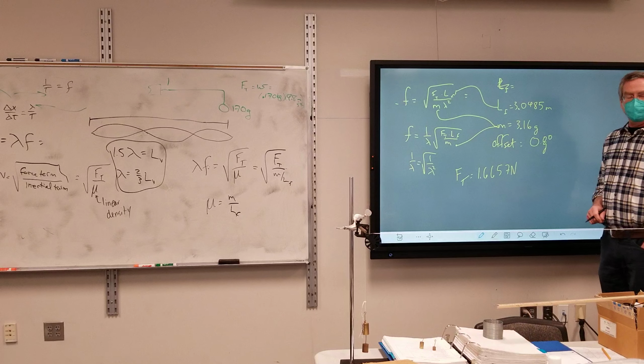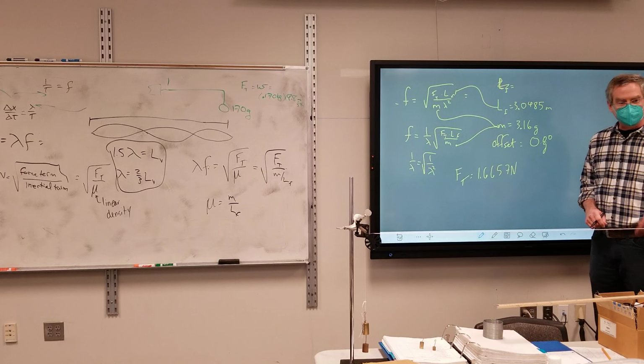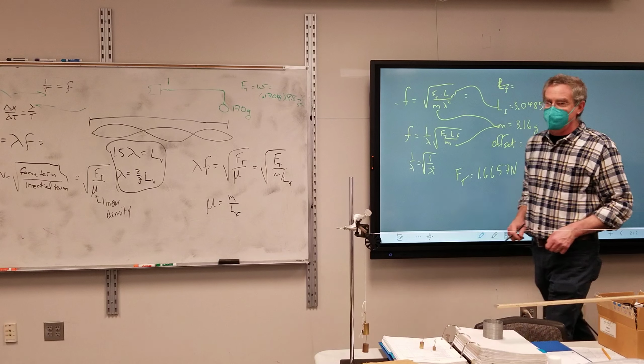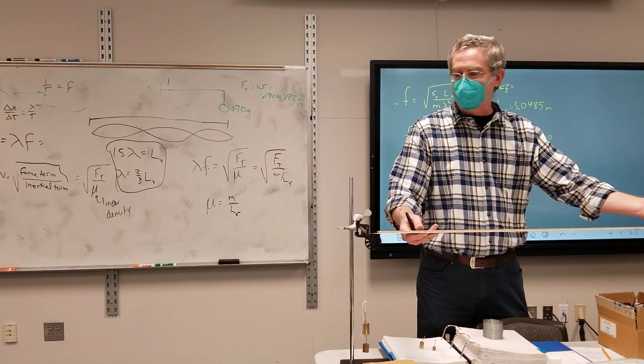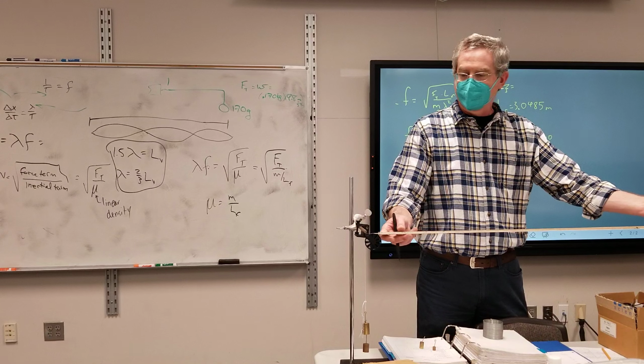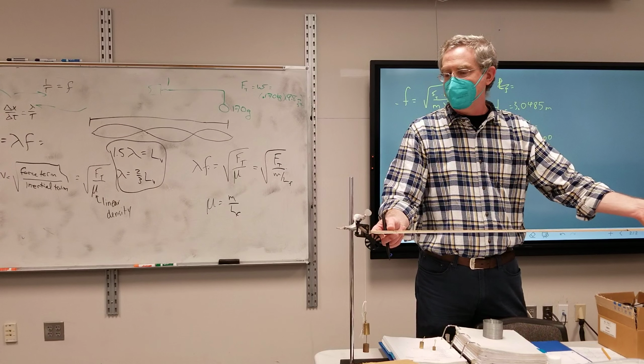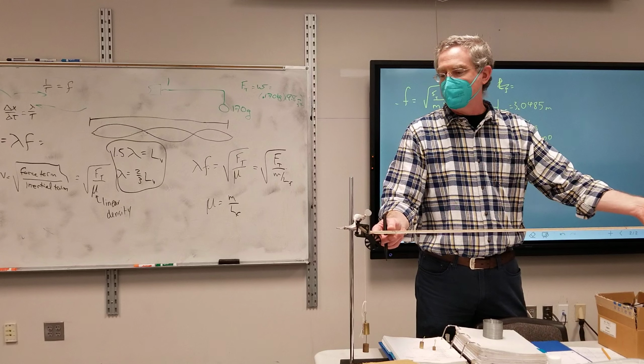So we have everything except the wavelength. And we just need to figure out what is the vibrating length, and then 2/3 of that is the wavelength. Ooh, so close to that. Incredibly precise measurements here.